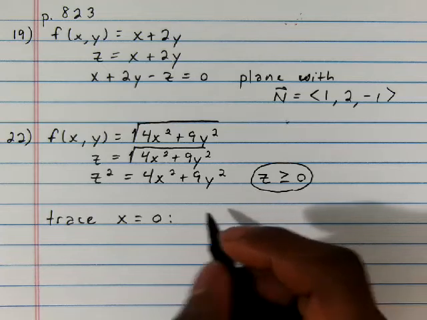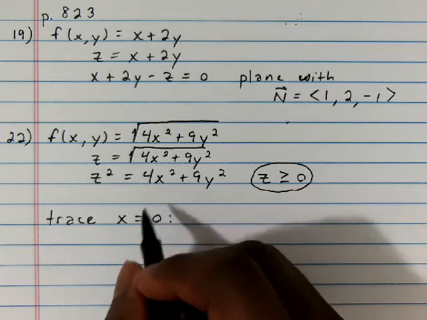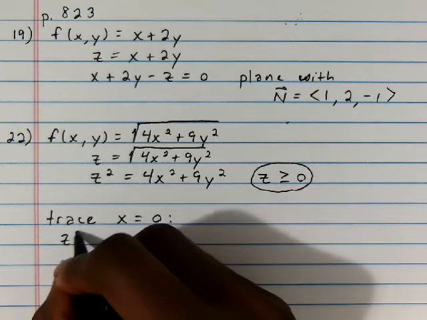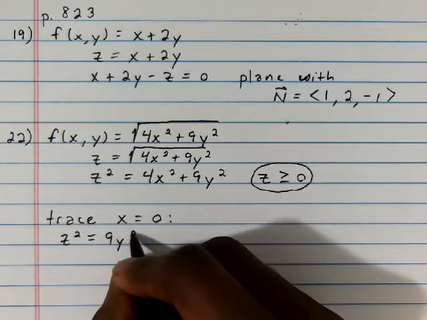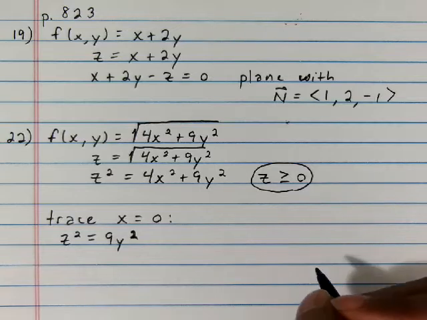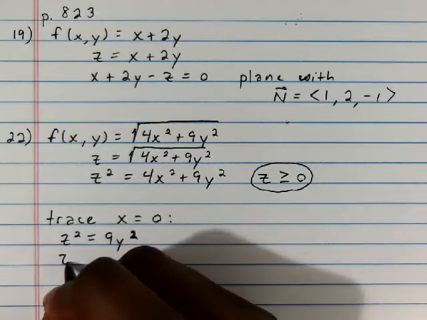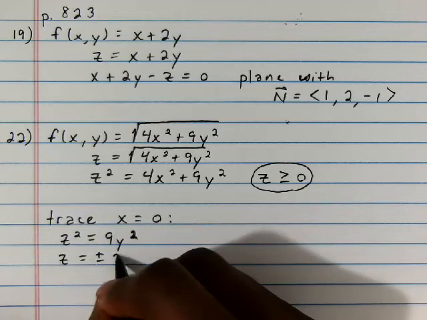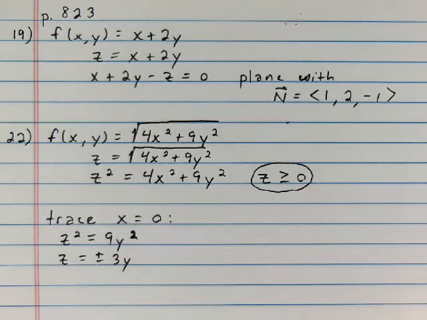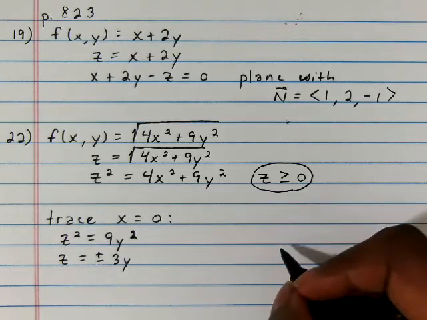So for the trace x equals 0, when we put that in, we get z squared equals 9y squared, or z equals plus or minus 3y. All right, so let's sketch that trace.